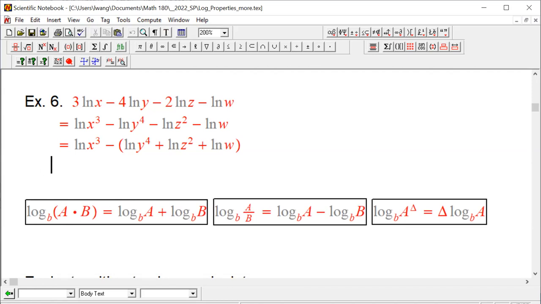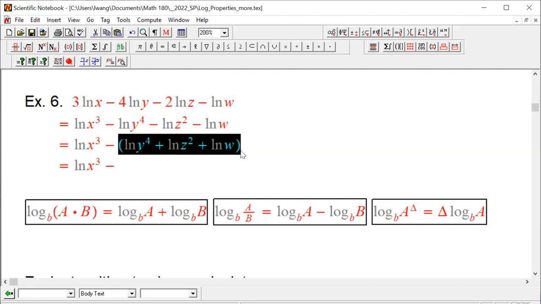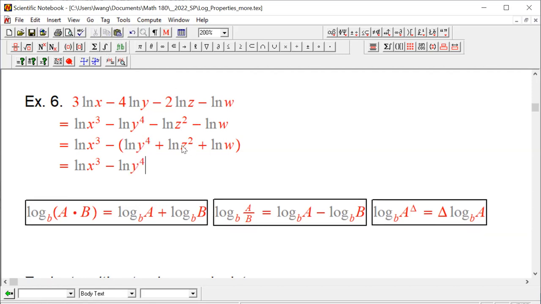And this way, I can do the parentheses first. So I'm going to keep the top and I'm going to do these 3 terms first. And this is the product rule, right? So y to the power 4 multiply z squared, right? And multiply w. Okay, so all these 3 terms.